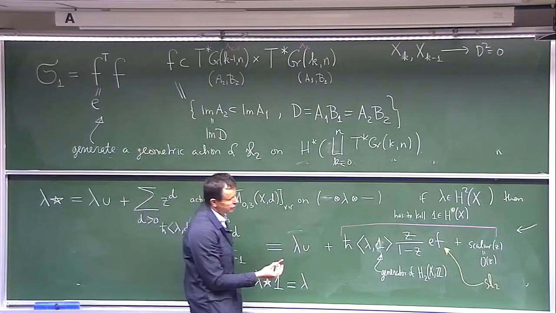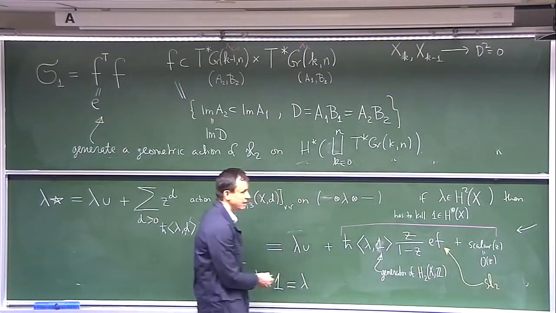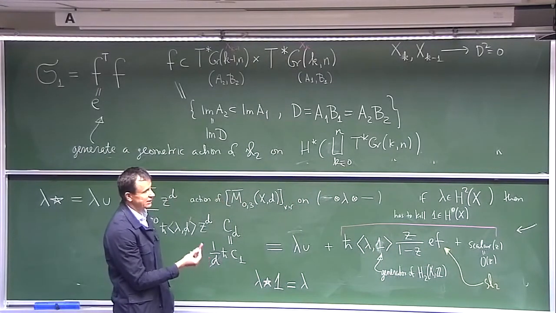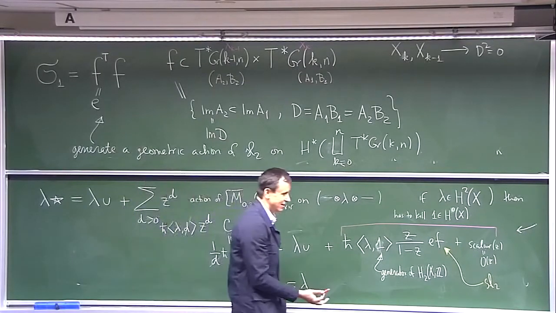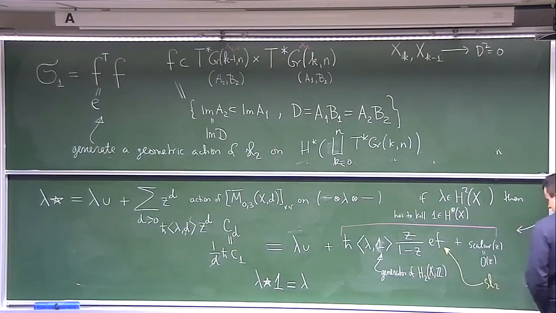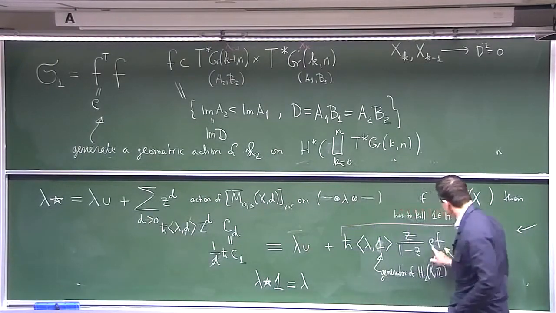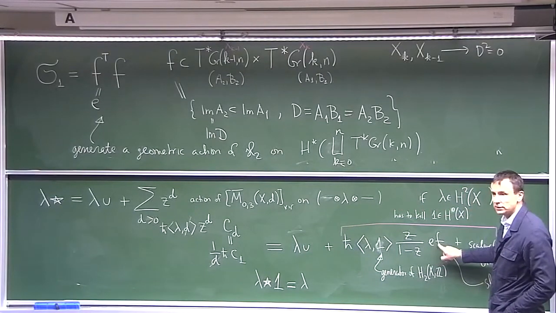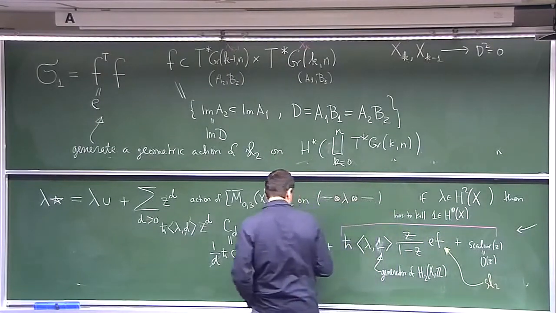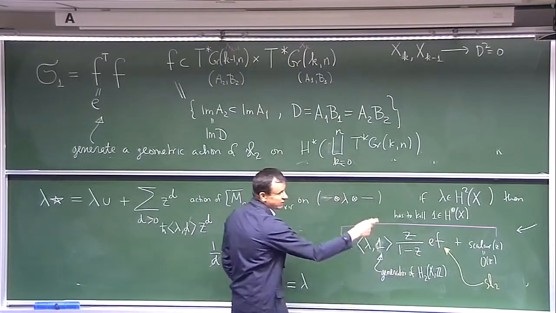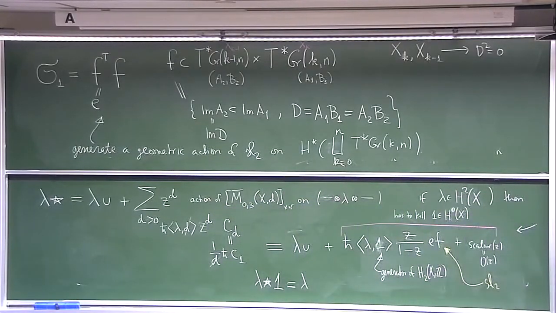If I want to compute the commutation relation between E and F and this operator, I'll find that it will be a deformation of the commutation relation in this polynomial algebra.